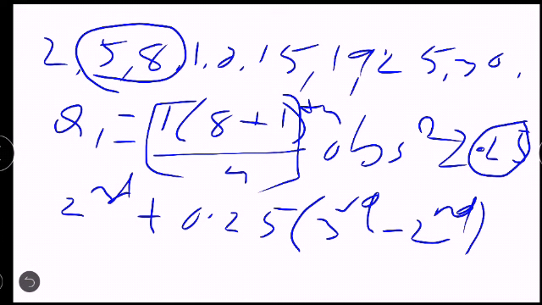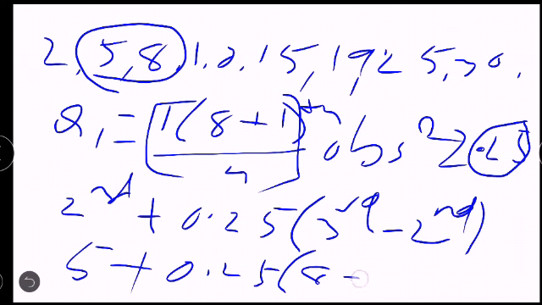So here the second observation is 5 plus 0.25 into bracket third observation is 8 minus second observation is 5. So 8 minus 5 is 3. 3 into 0.25 is 0.75.